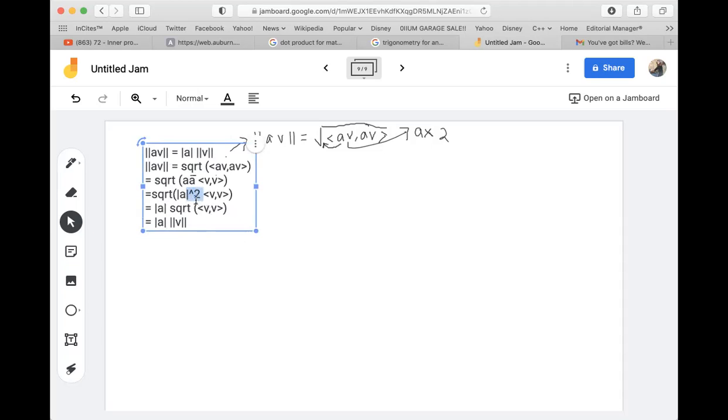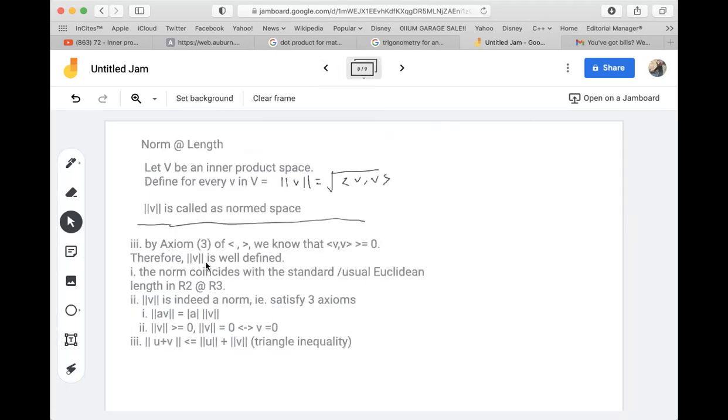So we do the operation for A to the power of 2, and we get this. This one is similar to this one, meaning that we have proved the first axiom for the norm. Right?